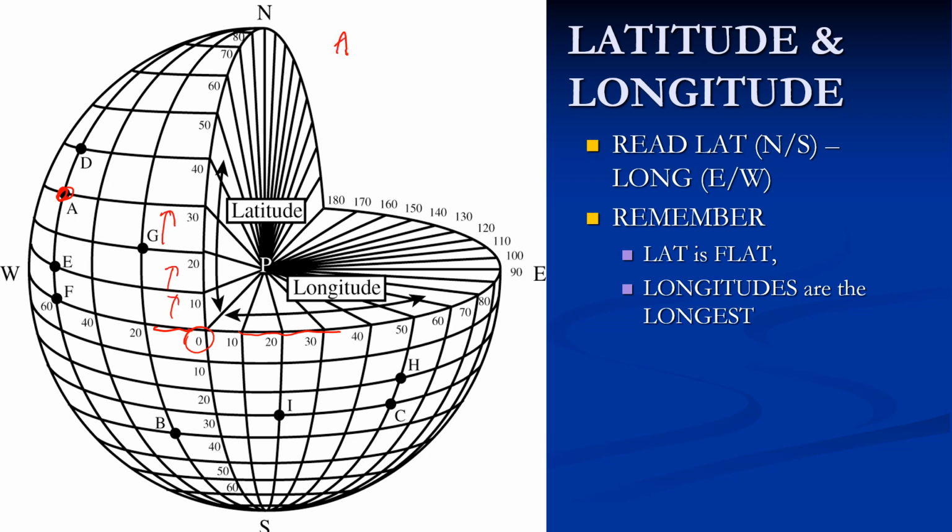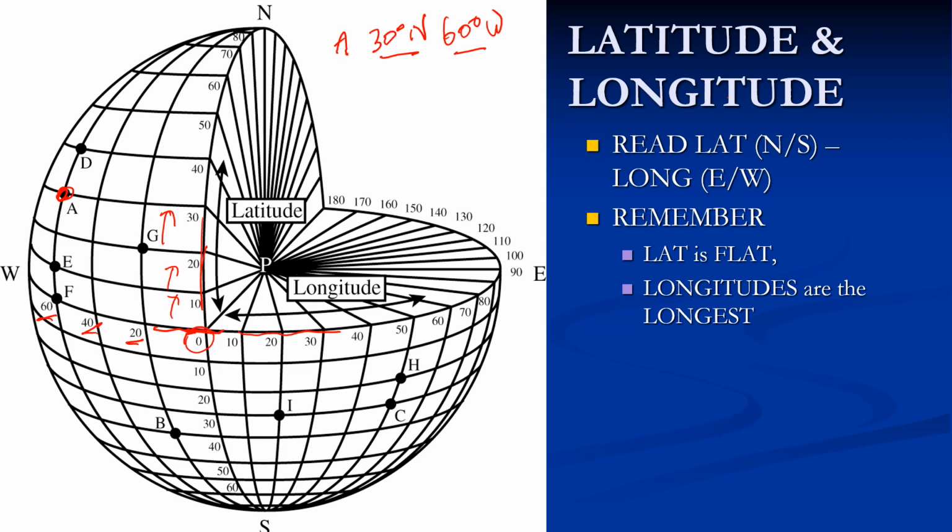So A is 30 degrees north of the equator, and then I need to consider how far east or west it is. So here's my 0 line, and here's my 0 latitude as well. So I'm going to turn left. If I'm heading left, I'm heading west in this case. So I'm 30 degrees north, and it's 60 degrees west. So I'm reading latitude first of all, then the longitude.